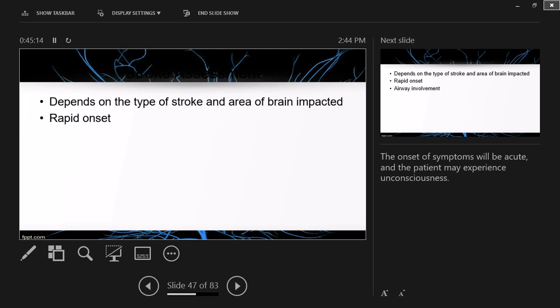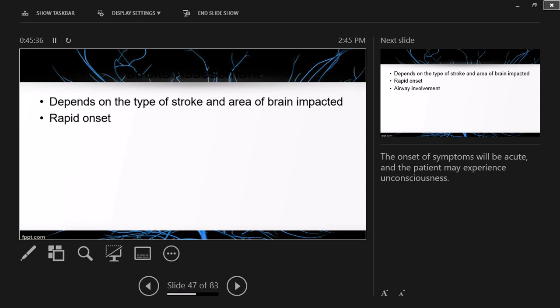Here's the thing with strokes. If you have a patient that has these symptoms and they come on over a period of hours or days, it's probably not a stroke. If it's days or even longer, it's probably going to be some type of a tumor in the brain, because that's much slower. With stroke, the onset of symptoms is acute.